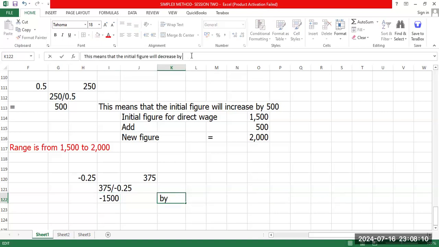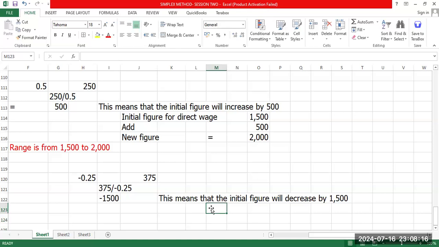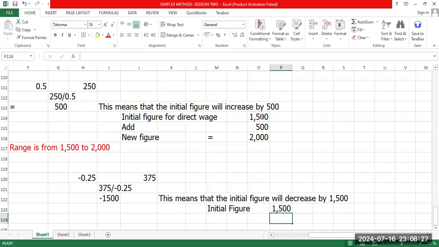By 1,500. So what is the initial figure? The initial figure is 1,500. Remember, the figure we are talking about is for the constraint they talked about in the question.